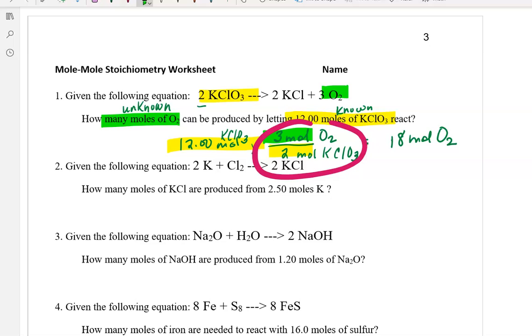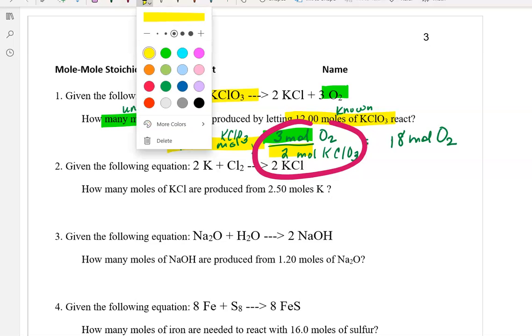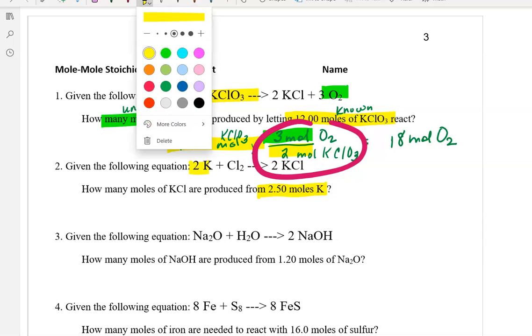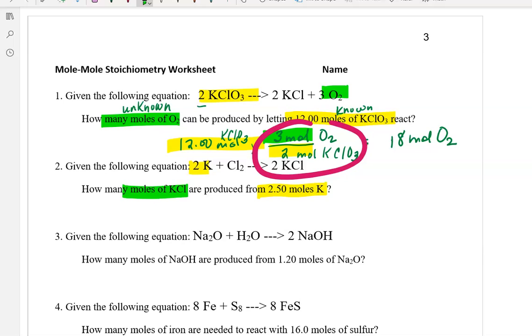All right, the next question. The information that is known to us, we know that we're starting with 2.5 moles of potassium. We want to solve for potassium chloride. So we start with what we know, 2.50 moles of potassium, and we're going to multiply by the number of moles of potassium compared to potassium chloride. 2 moles of potassium chloride are produced if you react 2 moles of potassium.